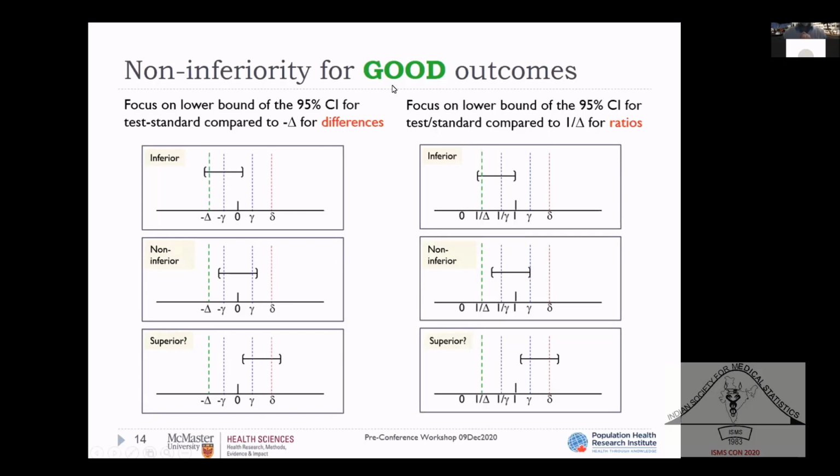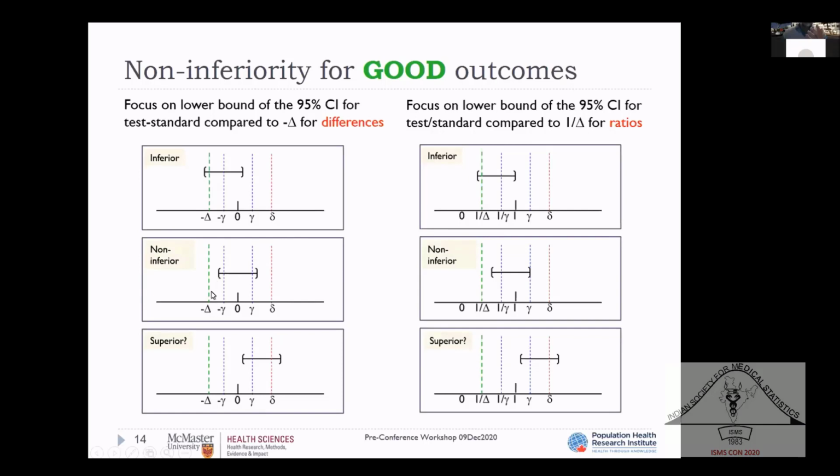So let's take the last thing. Something is good, so you would like it to be better than the reference. Let's say you're looking at differences, so you're going to be compared against zero. If your confidence interval is above zero, it's superior, right? But if it is not superior, it can be worse because it's less than zero.